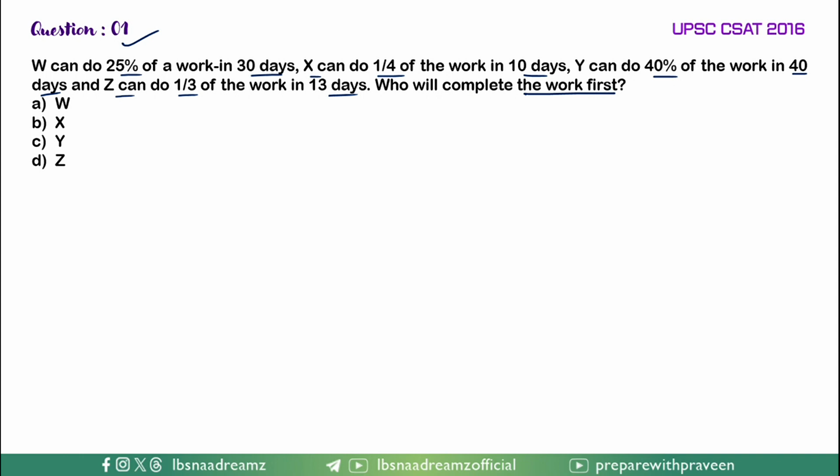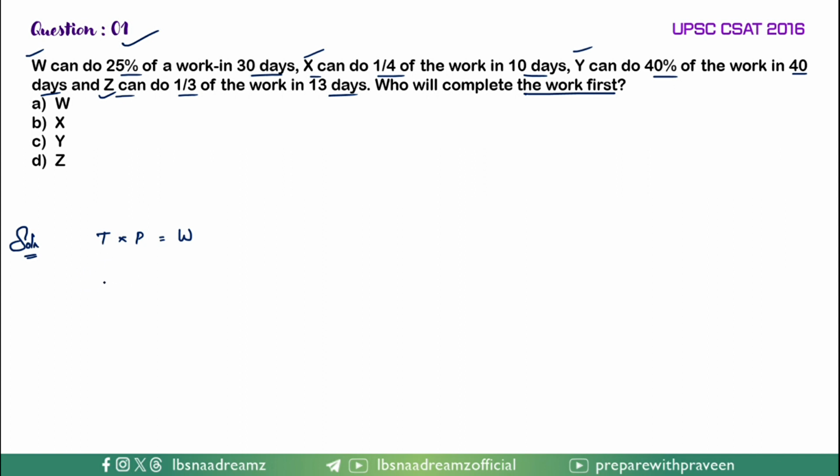So to find that, we need to find the efficiency of W, X, Y and Z. We are going to use the formula time into productivity is equal to work.